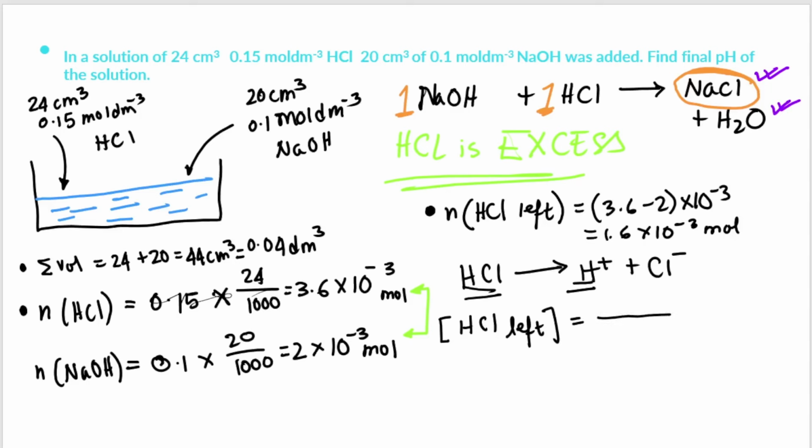To do that, we need the moles, which is 1.6 times 10 to the power minus 3. Now for volume, this time the volume will not be 24 cm cube for HCl, because the environment within which HCl is placed has changed.